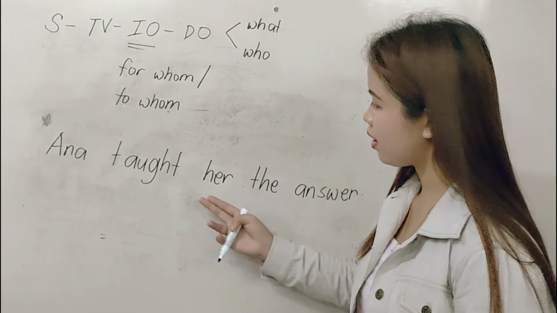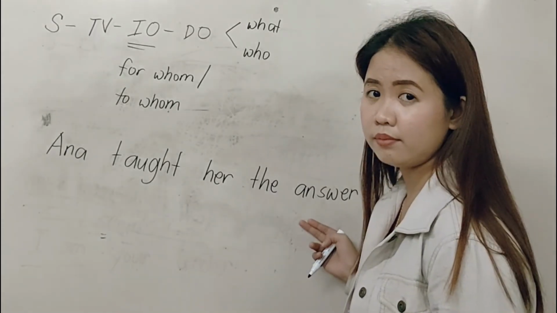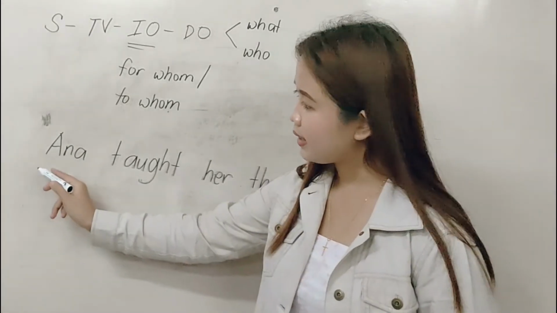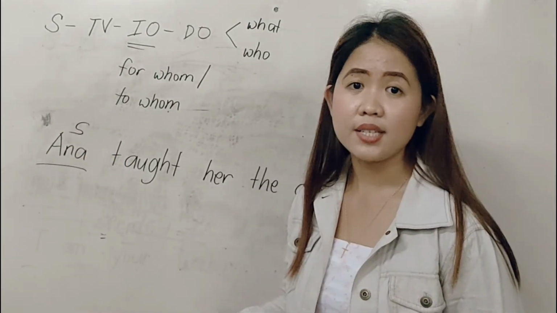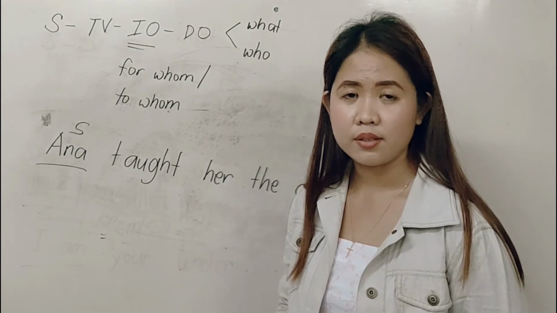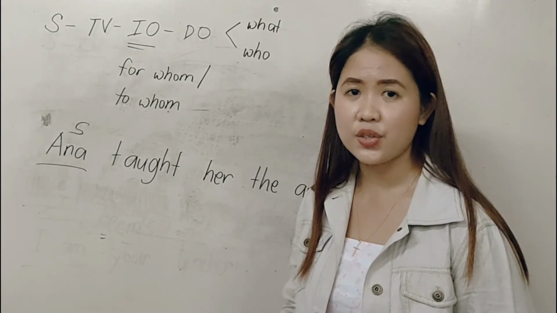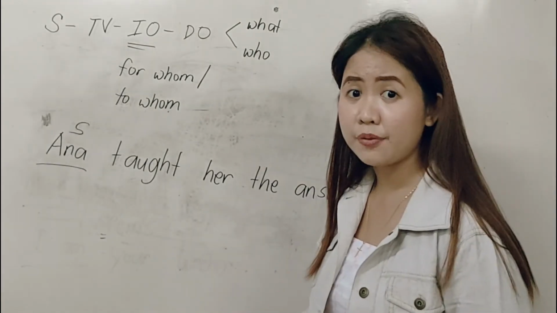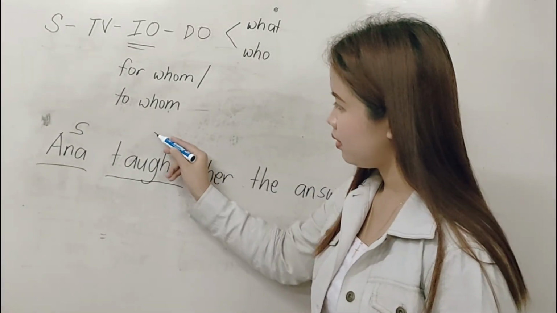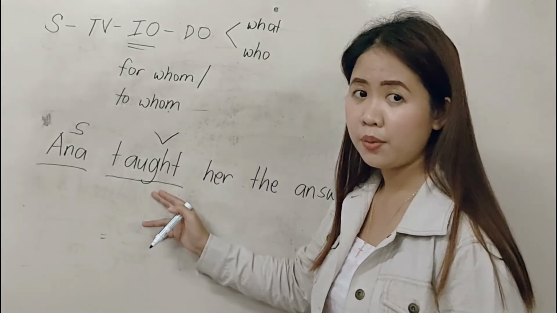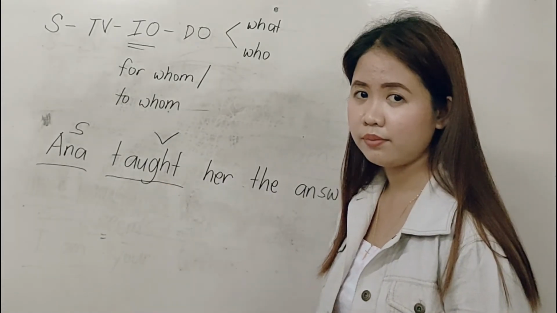Anna taught her the answer. Anna is our subject because Anna is the doer of the action. She is the one performing an action. Now, what is the verb being performed? The word is taught.